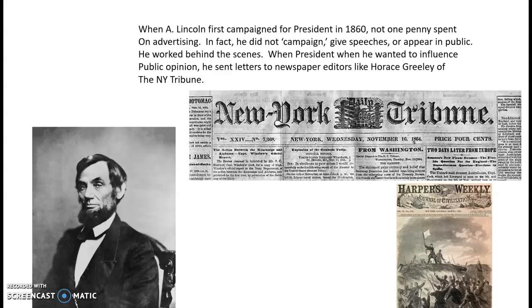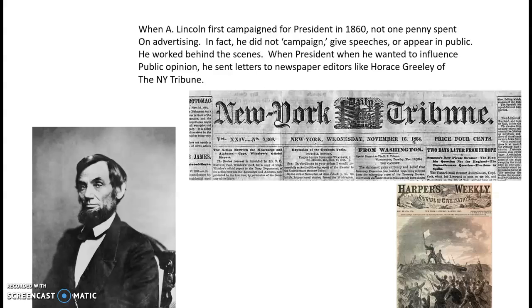The way Lincoln influenced public opinion in his favor and had a voice was through the editorial content side of newspapers. He wrote letters to the editor, and he particularly liked to send these letters to Horace Greeley, who was the very pro-abolition publisher of the New York Herald Tribune.